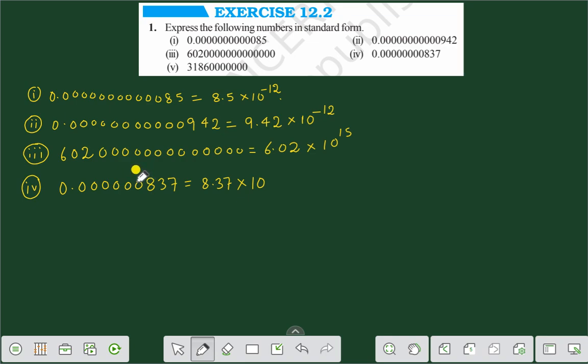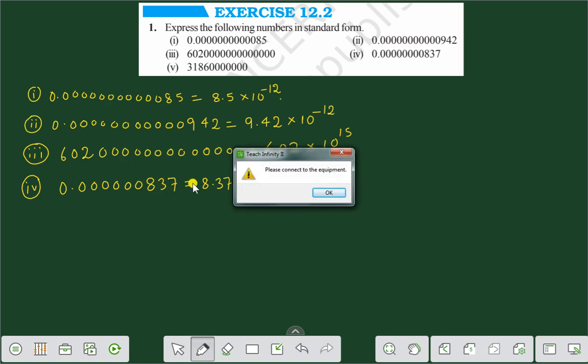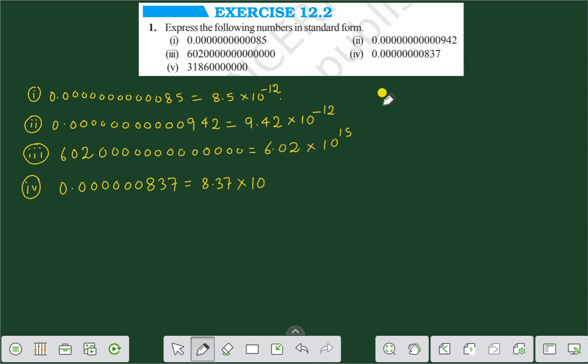8 point. Let's count: 1, 2, 3, 4, 5, 6, 7, 8, 9. There are 8 zeros.